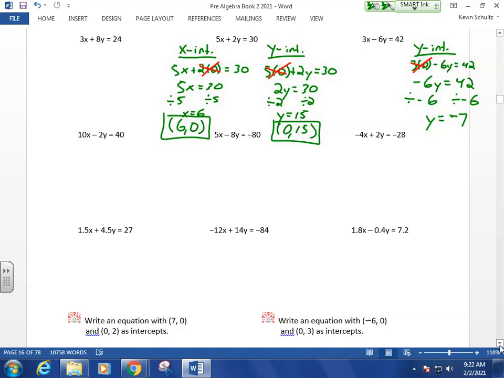That subtraction sign belongs to this term. It's kind of attached to that term, so that when we cancel that 3 times 0, it's got to drop down and it becomes a negative 6y. Okay, for y-intercept of 0, negative 7. Right? Other than that, it's pretty straightforward as far as that process.